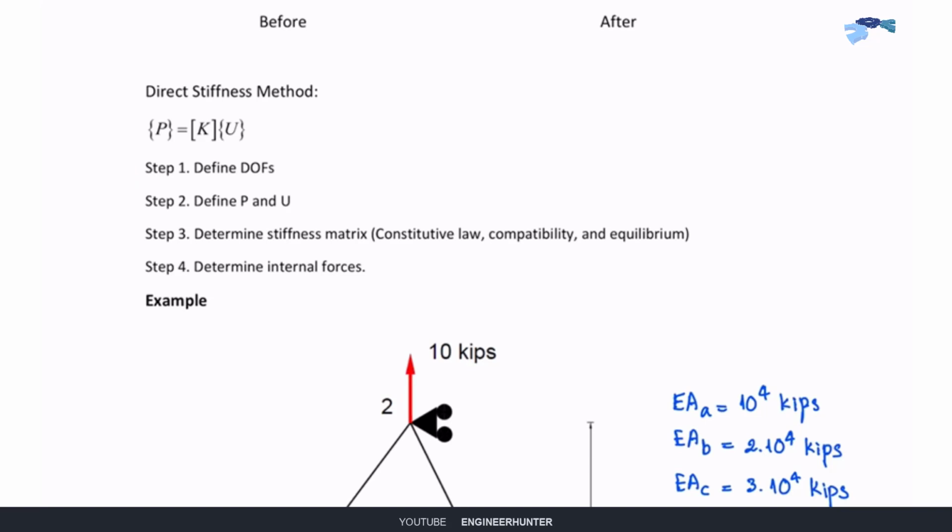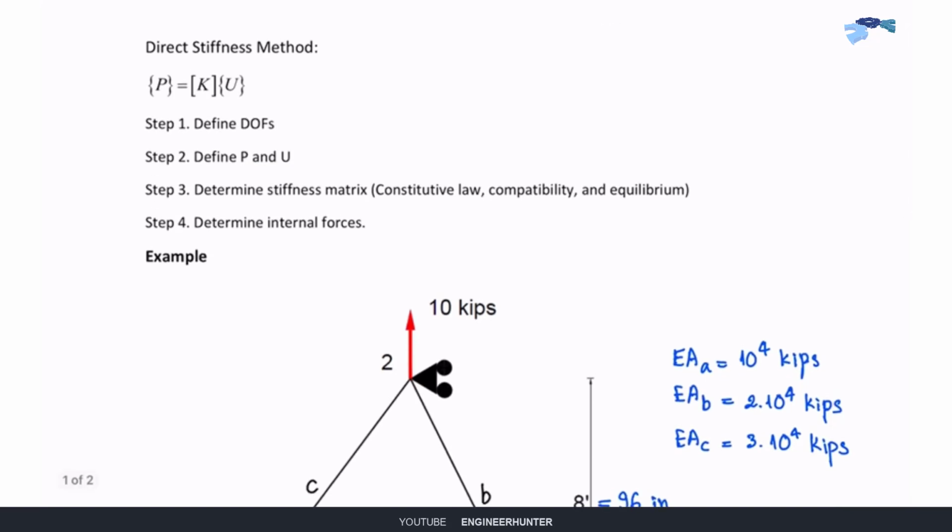The first thing is you need to define the degrees of freedom, and then you need to define vector P and vector U. The next step is you need to determine the stiffness matrix by using the constitutive law, compatibility, and equilibrium.